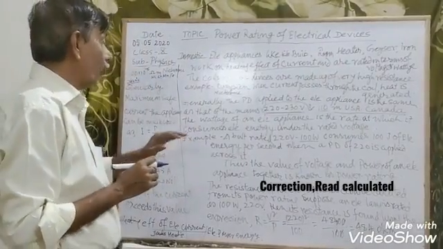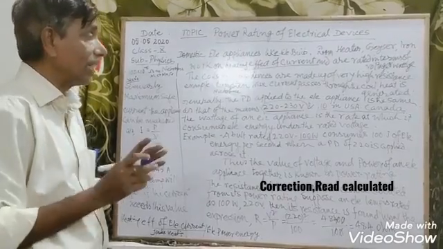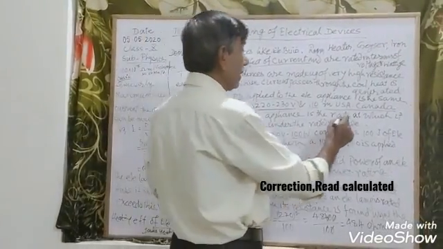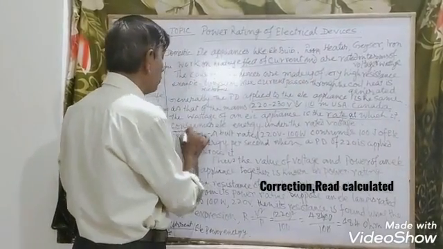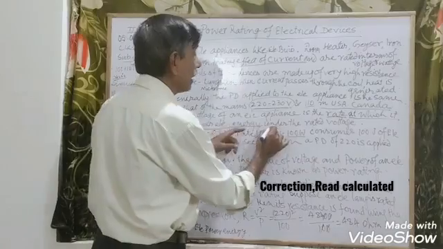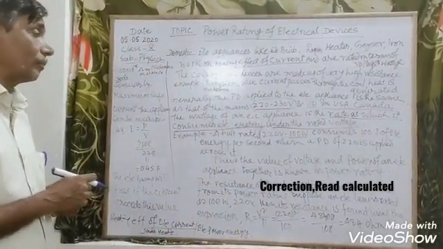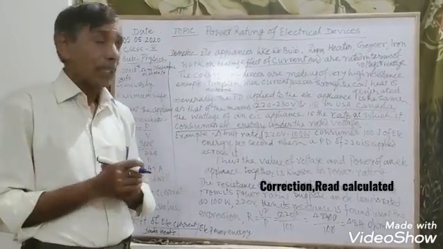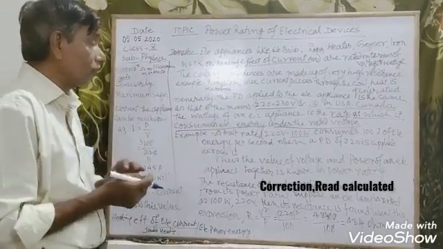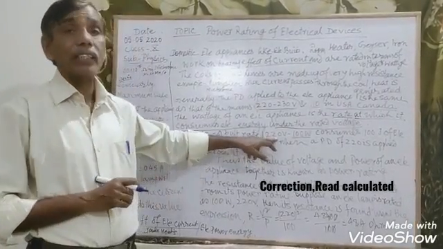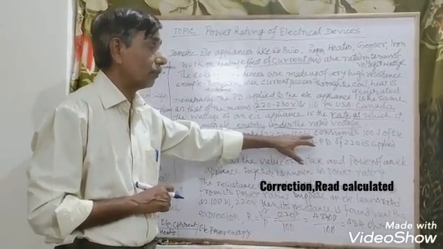Anyway, the wattage of an electrical appliance is the rate at which it consumes electrical energy under the rated voltage. And what is that rated voltage? Example, a bulb rated 220 V, 100 W. It means the potential difference is 220 and the wattage is 100 watt.